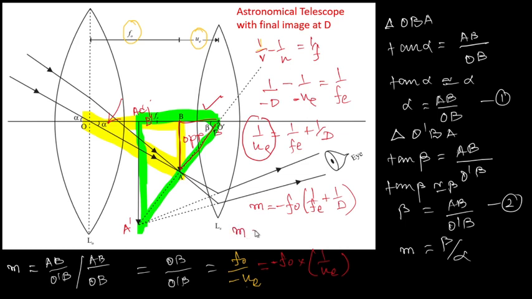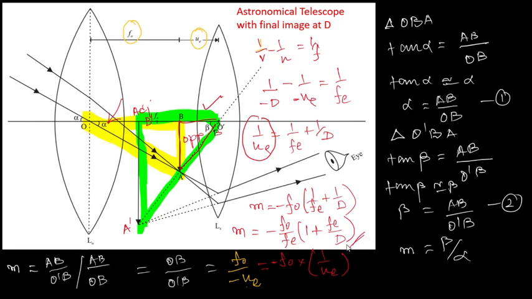Therefore M is equal to minus FO by FE, open the bracket, this becomes 1 plus, 1 by D divided by 1 by FE. So FE is reciprocated, so FE divided by D.